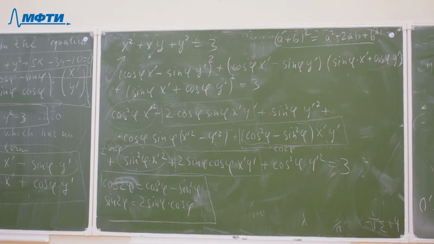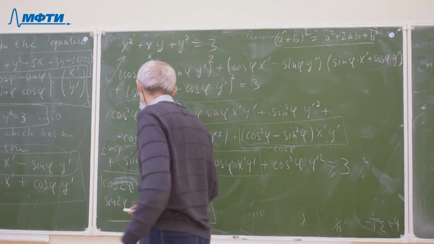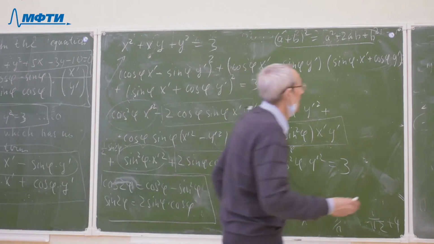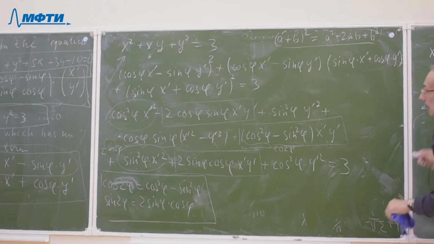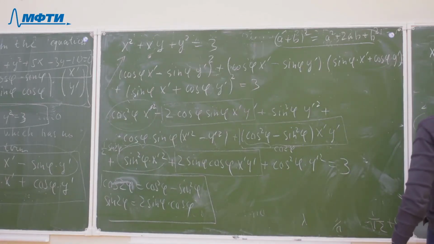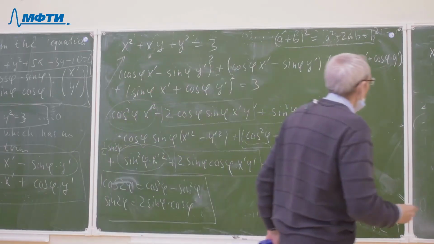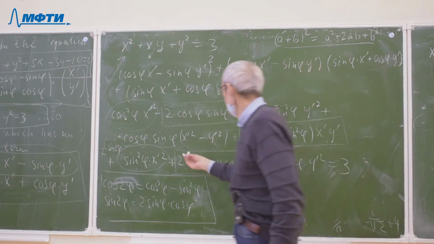Let's write the last expression in the following form. This term and this term, x prime square. This term cosine square phi. This term, sine square phi.